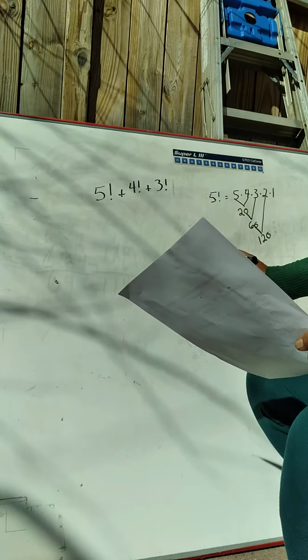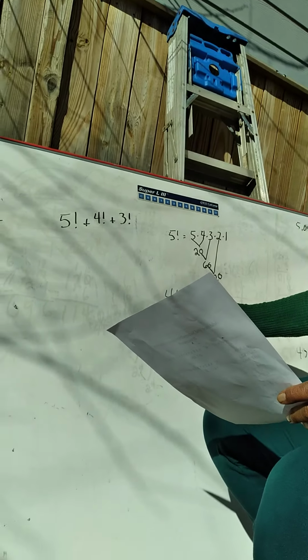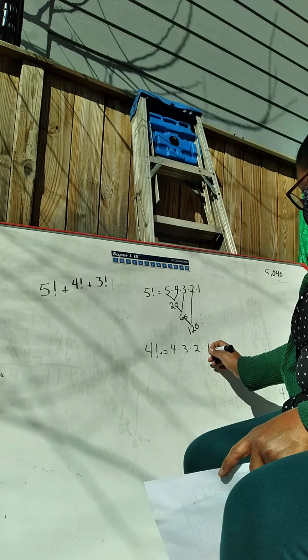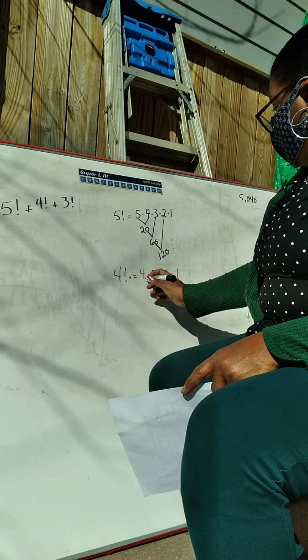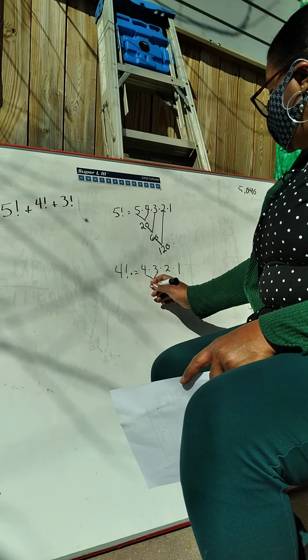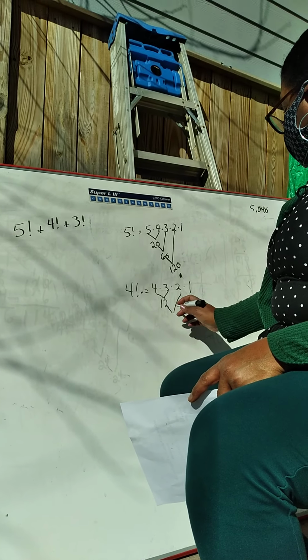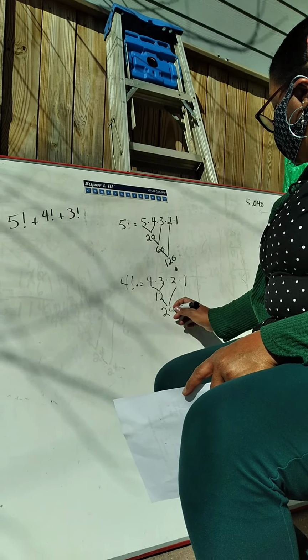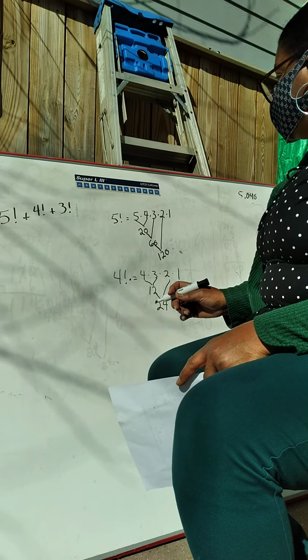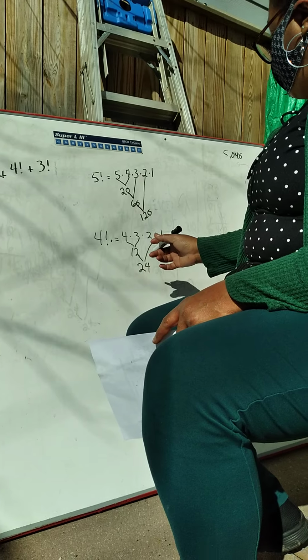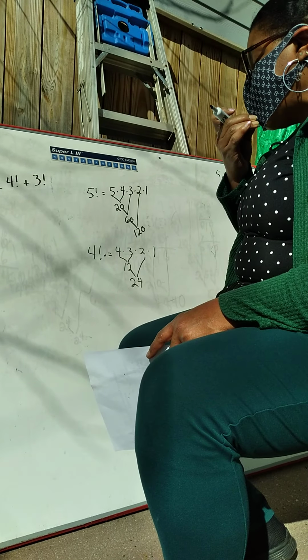Let's do 4 factorial. 4 times 3 times 2 times 1. 4 times 3 is 12. 12 times 2 is 24. So we know that 4 factorial is 24.